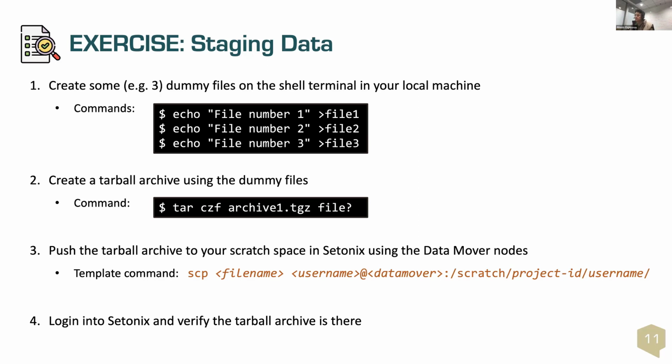And important is that SCP always needs a source and a destination path. If you don't put all these paths, it's probably going to try to copy it to your home directory, which is not good. We never want to have data in our home directory.